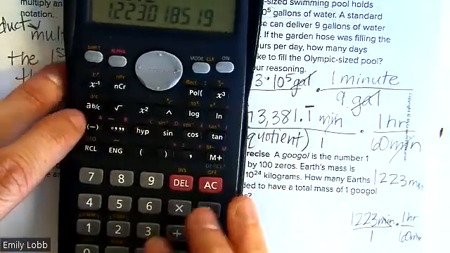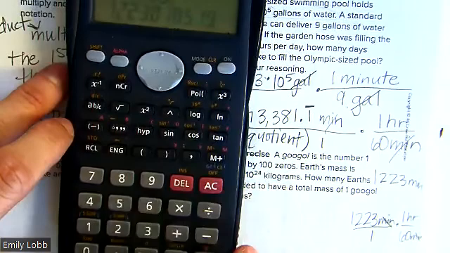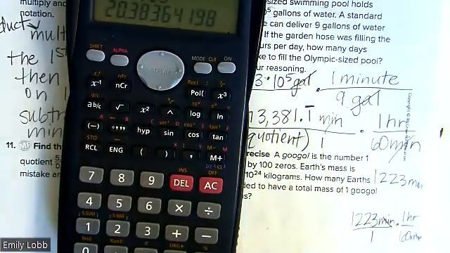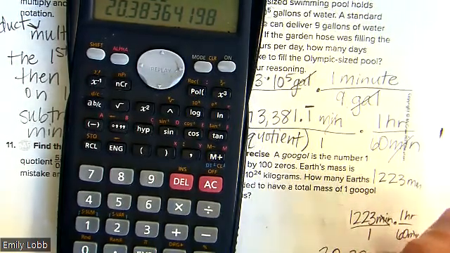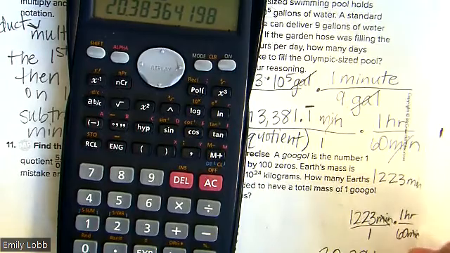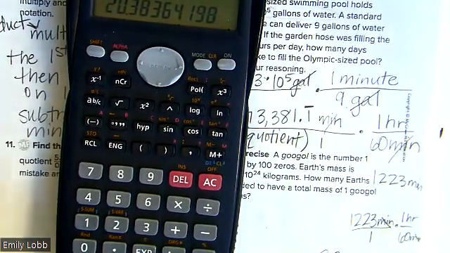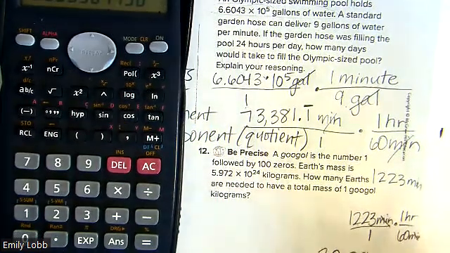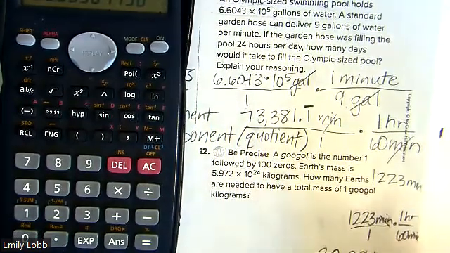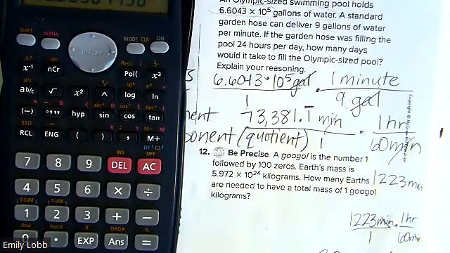So divided by 60 again. Does that give me how many hours? 20.38 hours. But it wants to know how many days. So this divided by 24 hours would give us days.